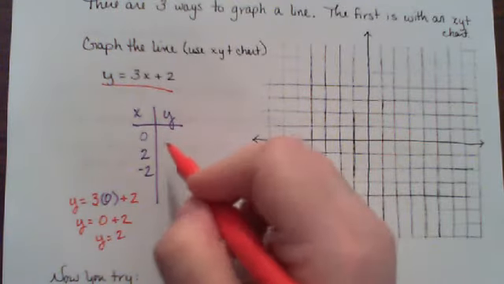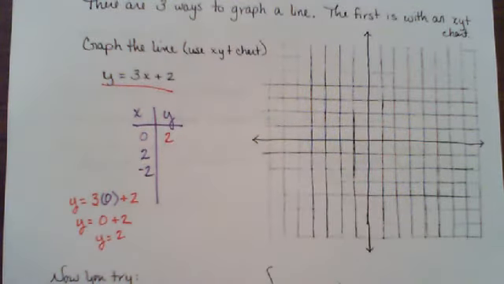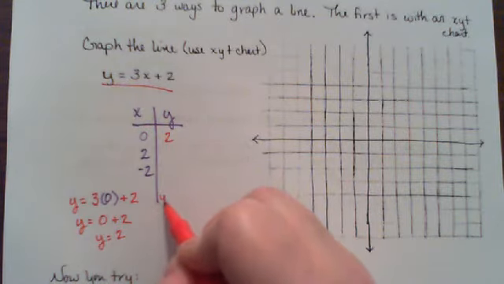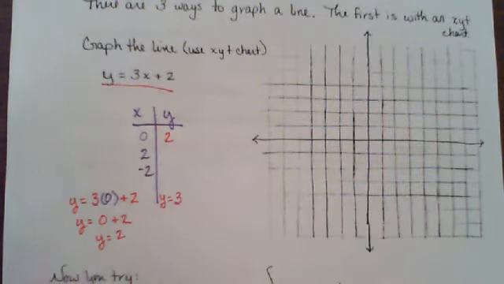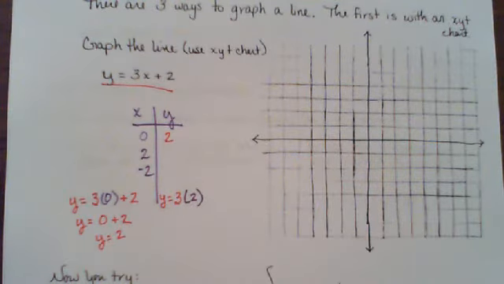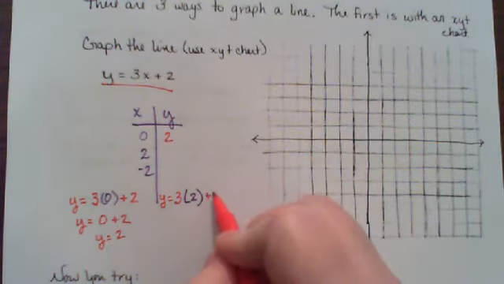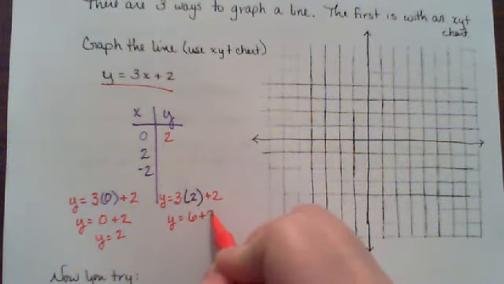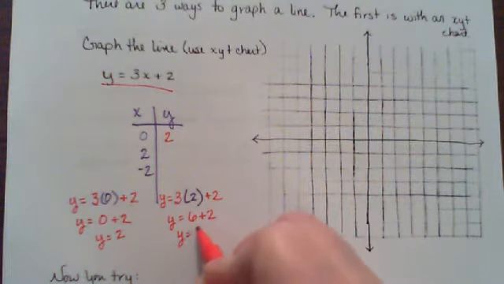So up here for my y, I'm going to put 2. Plugged in 0, we got out 2: 0, 2. For the next one, we have y equals 3, and then I'm going to multiply by 2, plus 2. So y is equal to 6 plus 2, so y is equal to 8.